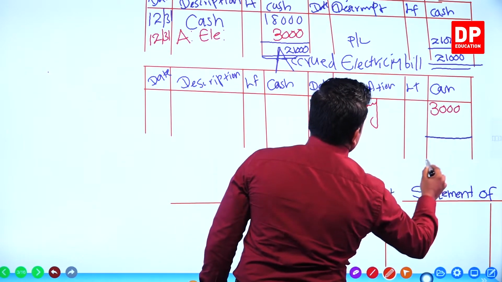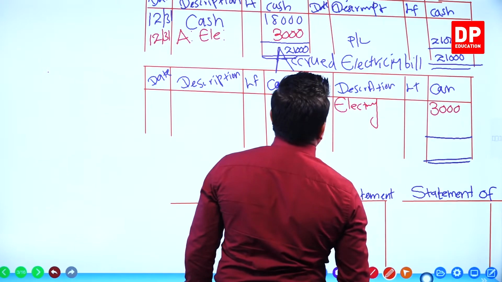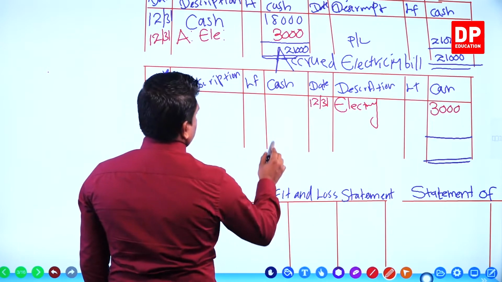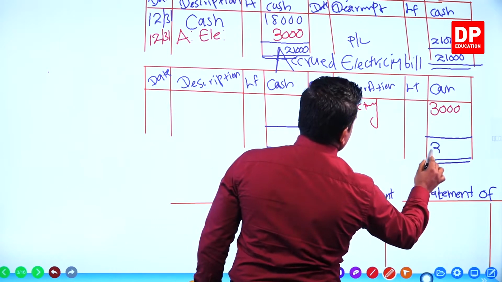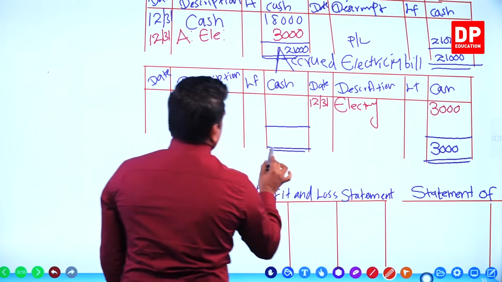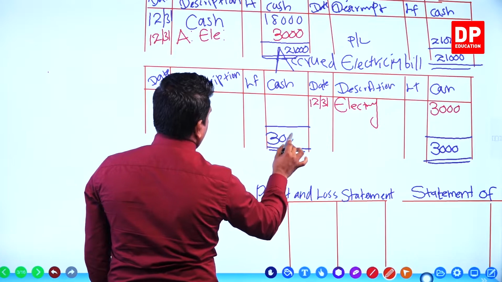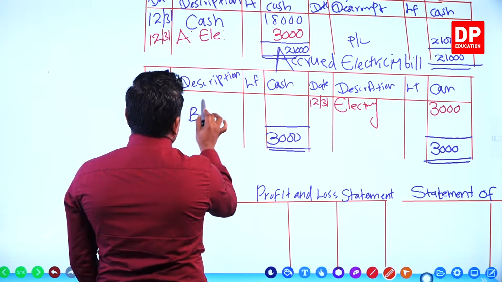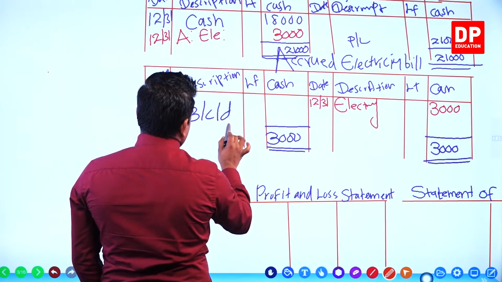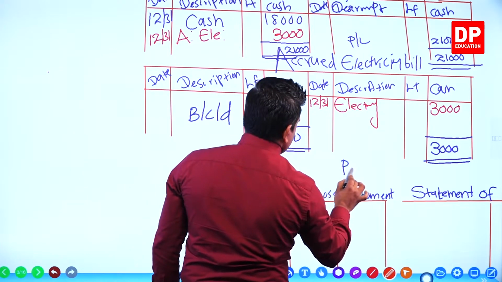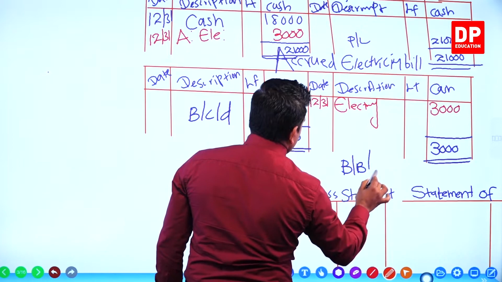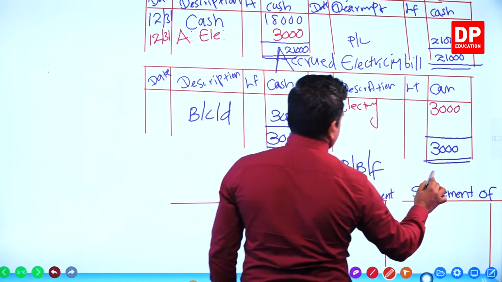Then 3,000, balance carried down, balance brought forward 3,000.